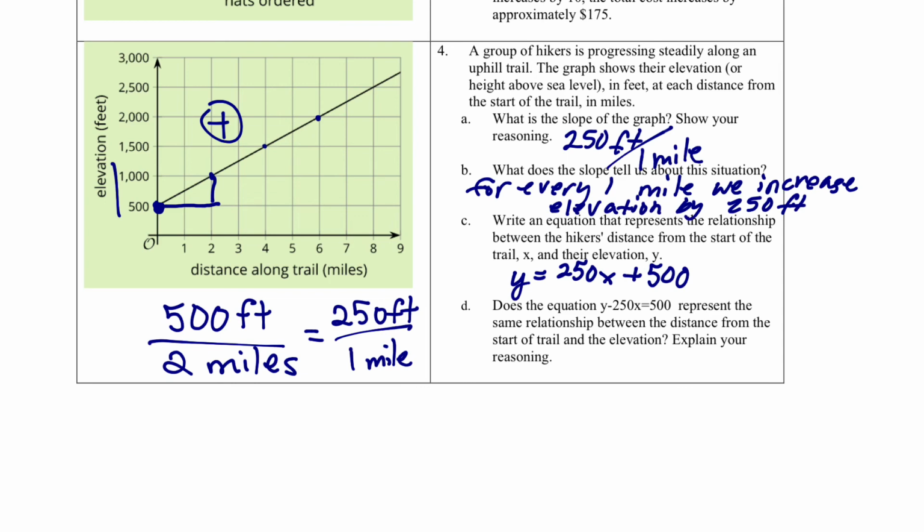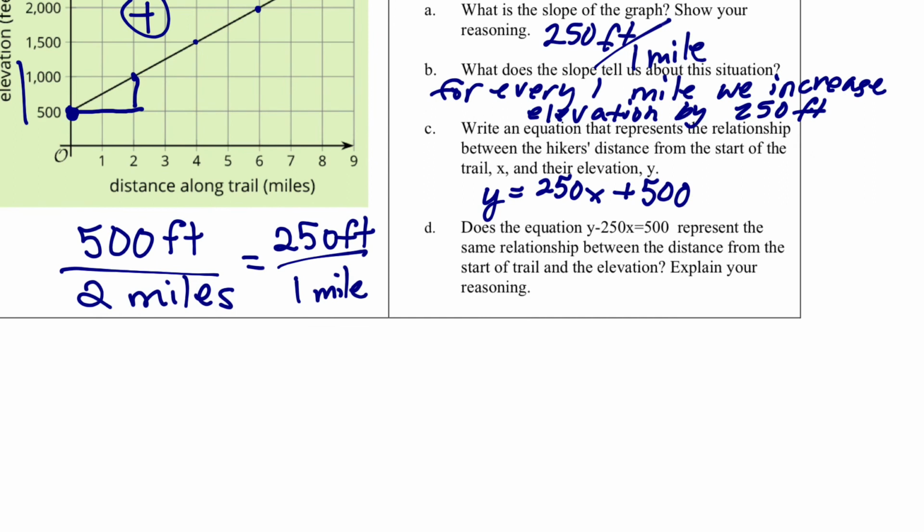All right, it says, does the equation y minus 250x equals 500 represent the same relationship between the distance from the start of the trail and elevation? So that's asking if we move this equation around, are they equal? So let's see, what steps would we need to take to get to that?